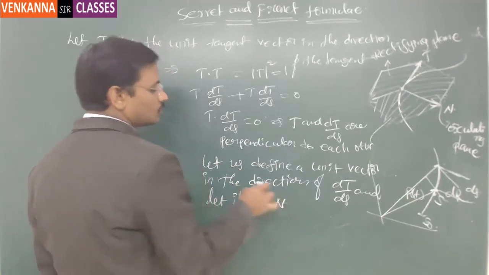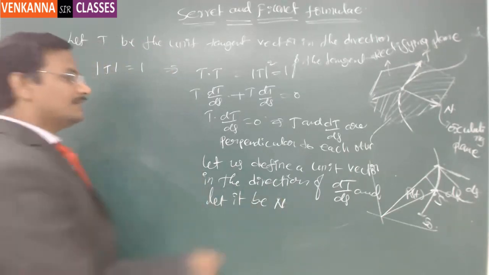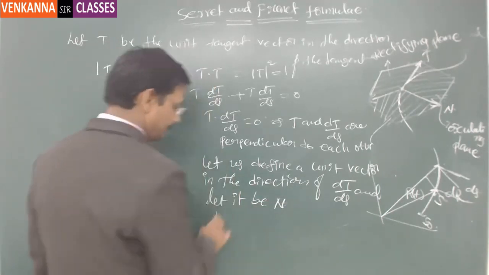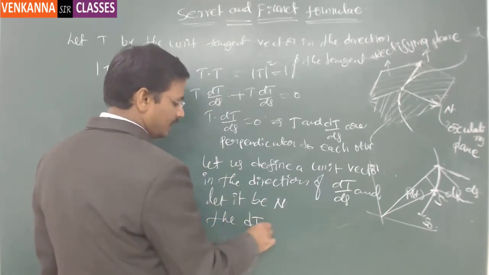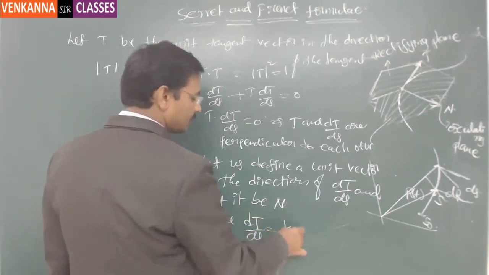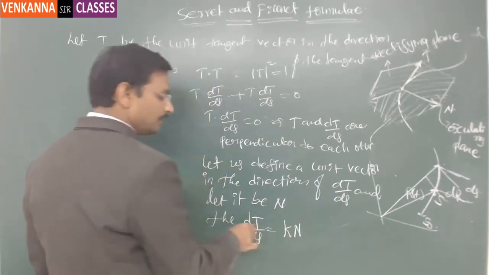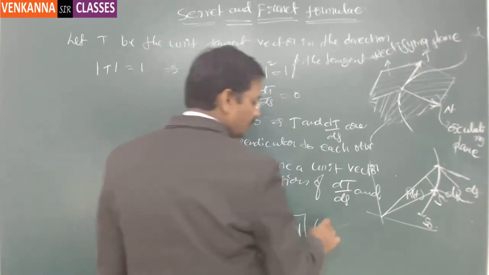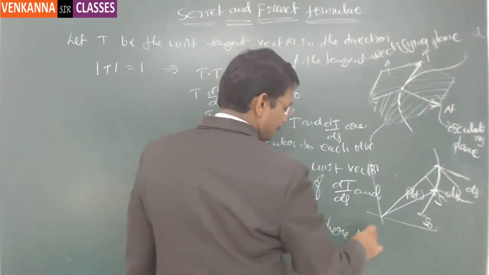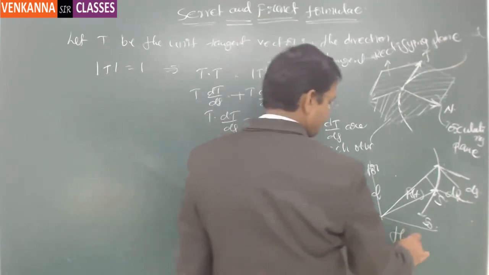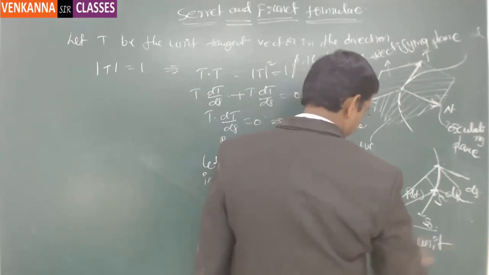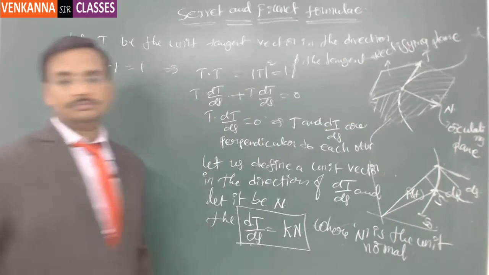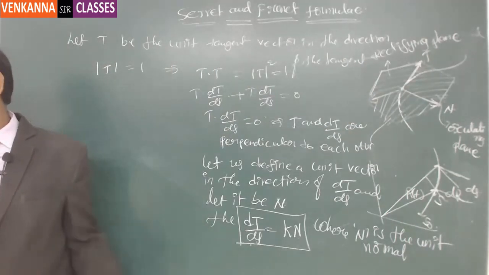Because these two are perpendicular to each other, I call this particular direction the normal direction. Then dt by ds is nothing but some constant k times n, because the dt by ds direction and the n direction are one and the same, where n is the unit normal vector. Got it? Note down till this point.